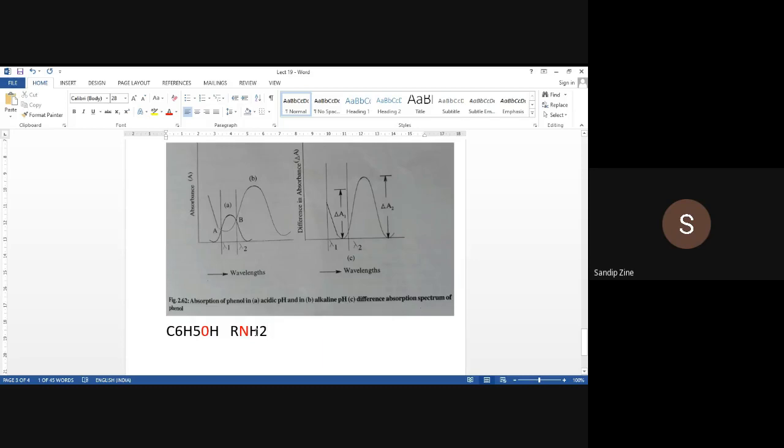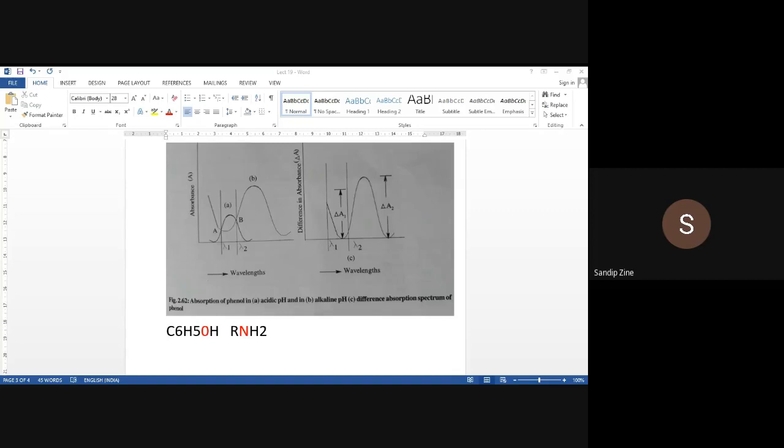So during the analysis of phenol by difference spectrometry, you will derivatize, for example by a change in pH. When the pH of one of the solutions is increased, how will you increase the pH of the solution? Yes, Parth, can you answer?